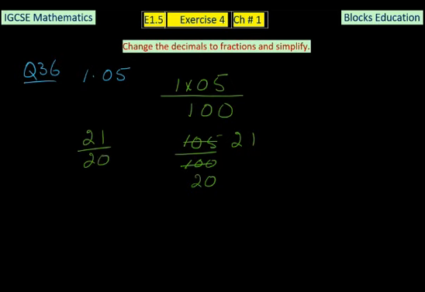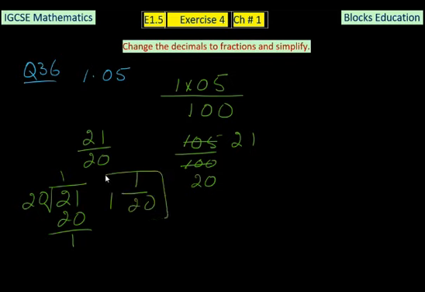Further, if you want to write it in the other form, you can write 21 inside and 20 outside. So 20 goes into 21 once, and you have 1 remainder, so you can write 1 as a whole number and 1/20. So you can write this as well or this.